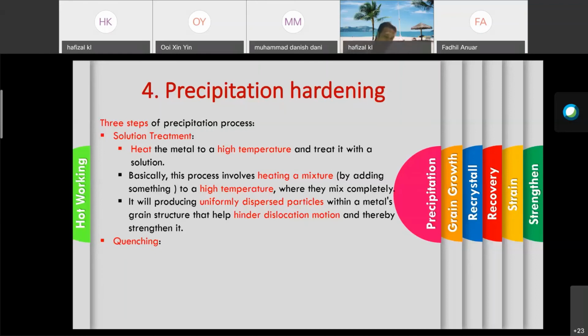And then the process of quenching, whereby the material cools down very quickly, by soaking in metal.